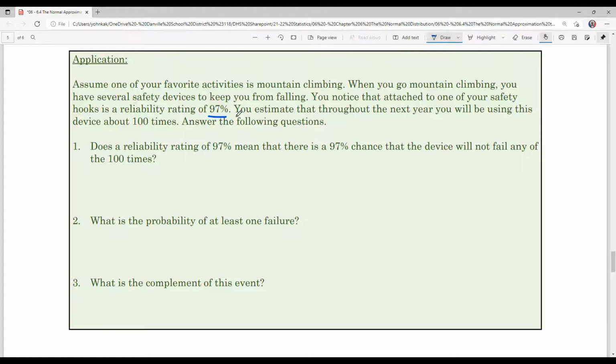Answer the following questions. So, number one, does a reliability rating of 97% mean that there is a 97% chance that the device will not fail any of the 100 times?